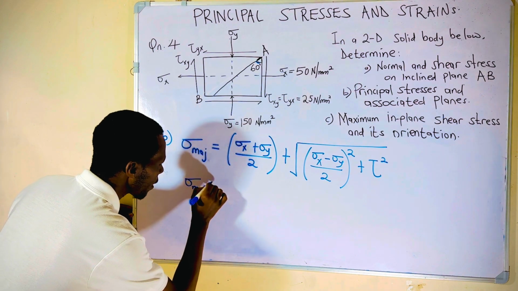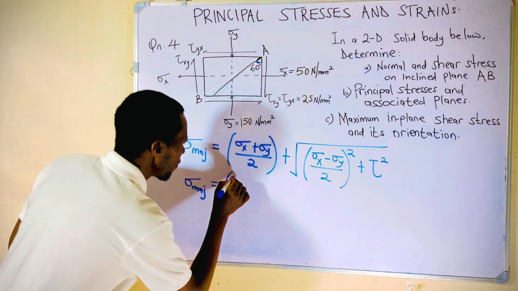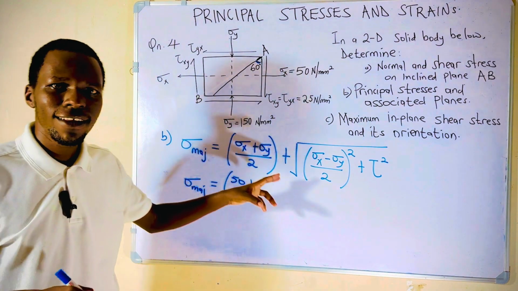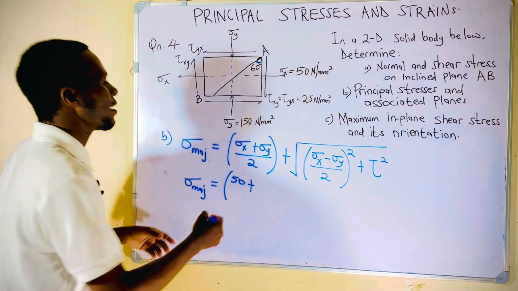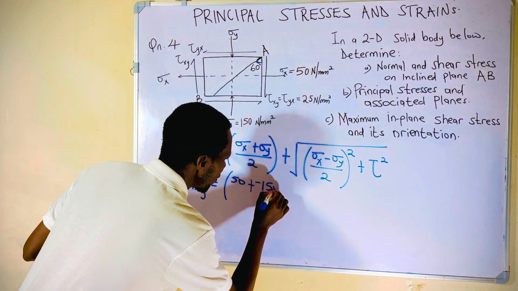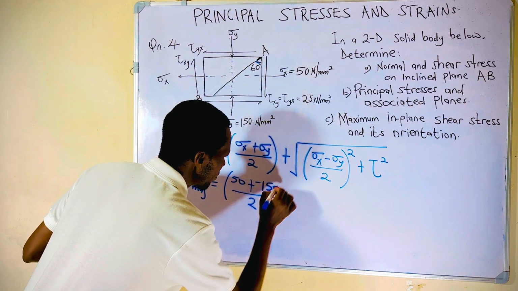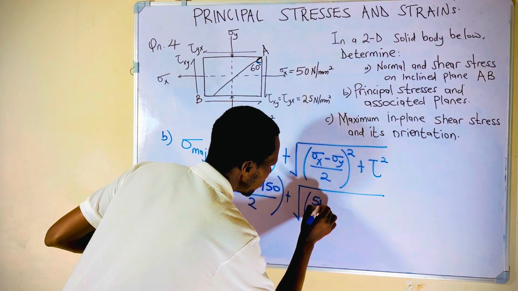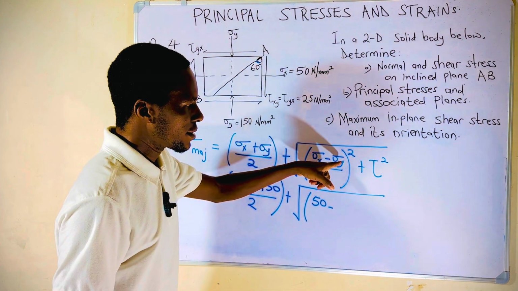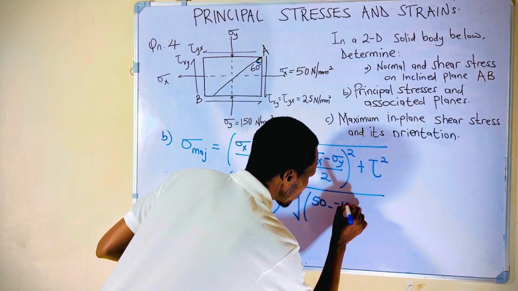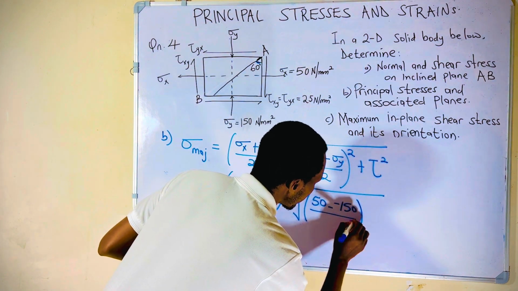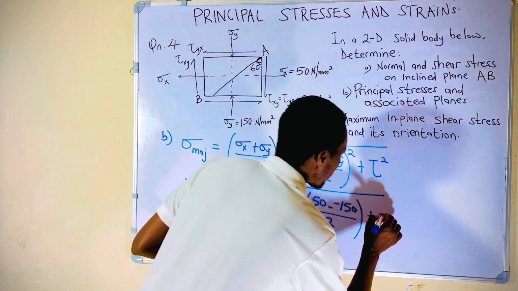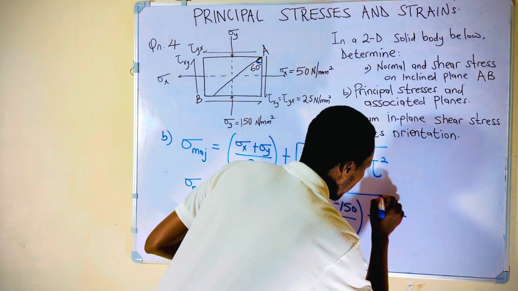Sigma major is going to be equal to sigma x, which is 50, and tensile means it is positive, then plus sigma y. Sigma y is compressive, so it is negative 150, everything out of 2, then plus the root of 50 minus, since this is compressive, minus 150, everything out of 2, squared, plus tau squared, that means 25 squared.